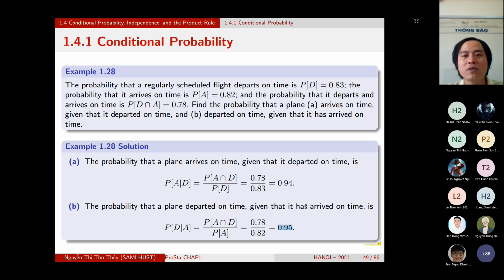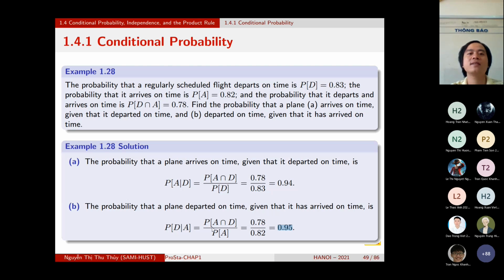So can anyone answer the question: can you tell the order between P(A given D) and P(D given A)? Is it comparable? Can we always say that this one is greater than this one, or this one is less than this one?